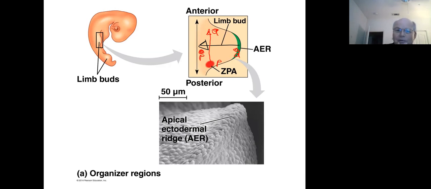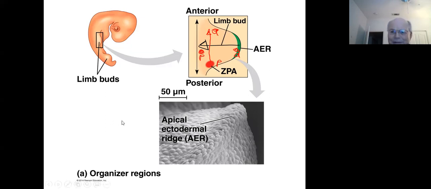And so once hedgehog was identified in Drosophila, they went searching for a similar gene in chickens and discovered the gene in chickens. And it was then found that the ZPA was the source of the gene product. And so that established the ZPA as the source of this gene, and therefore potentially establishing the anterior-posterior axis.